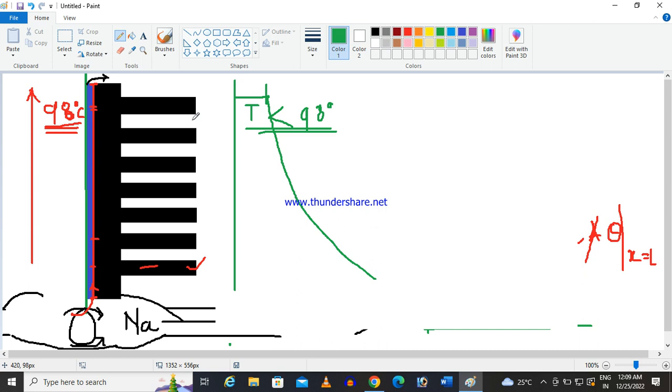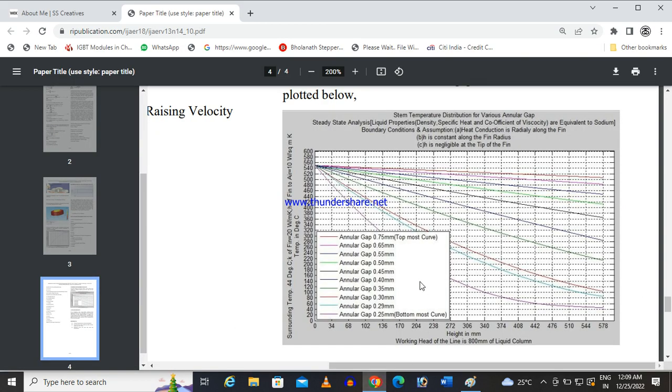By that time it will reach here very quickly, so that much temperature may not be augmented. So this is the gap. You see, if your annular gap is 0.25, that is the bottommost curve, the temperature is here around 60 degrees, and here it is above 100 degrees.